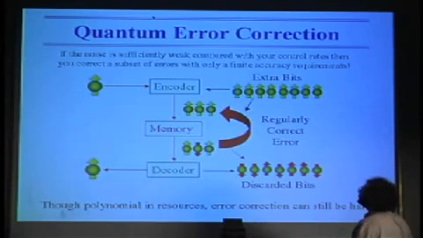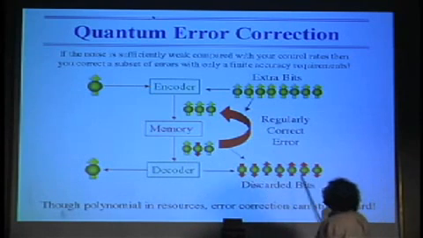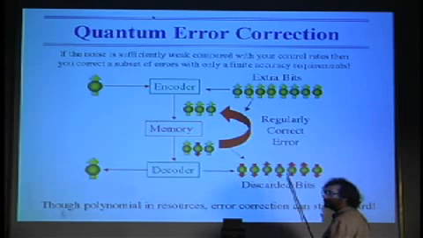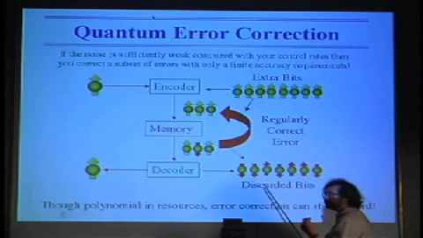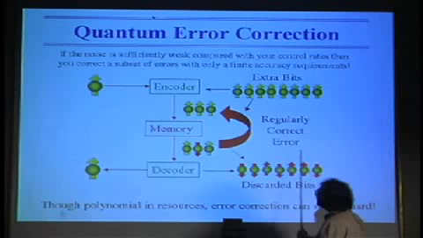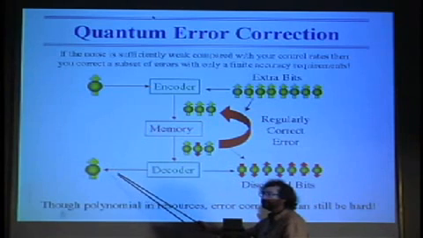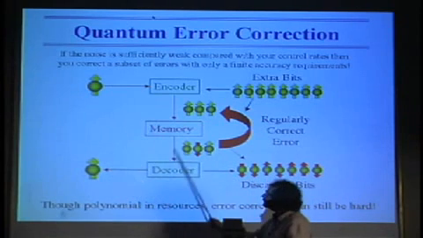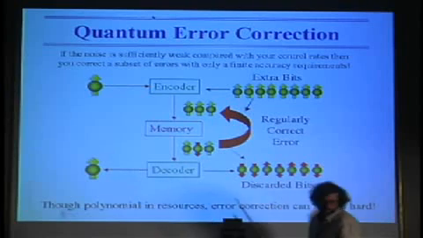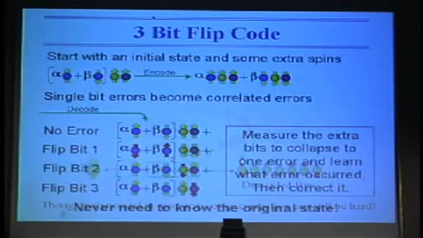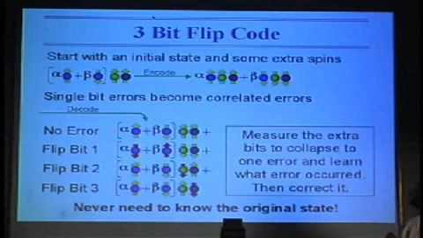I will then decode the information, measure the ancilla, and from that measurement of the ancilla, I will know what the decoherence actually was that occurred. And hence, since I know what the action of the environment was, I can undo the action on the spin of interest without ever having known its initial state. I will put it back in that initial state.